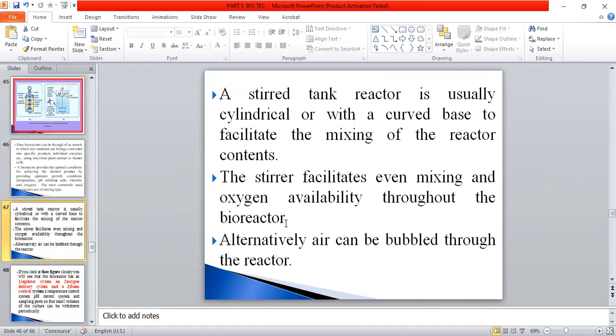The supply of oxygen is also very, very important. For some bioreactors, oxygen is essential for the growth of the microorganisms. Alternatively, air can be bubbled through the reactor. Once oxygen enters, carbon dioxide will be released and eliminated in another way. That is also very, very important.